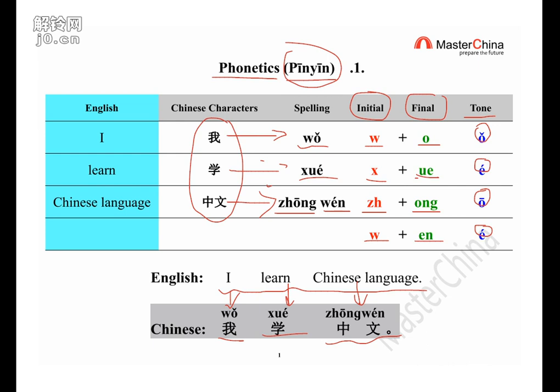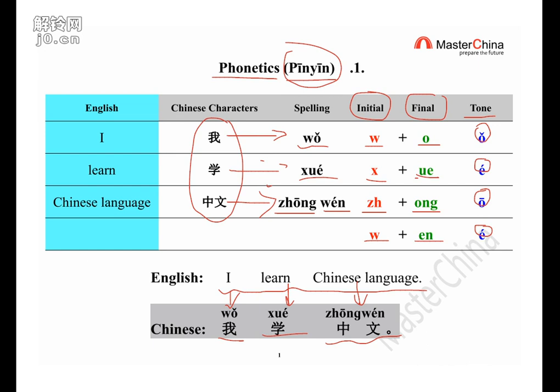I will explain all these rules step by step and figure out the logic of Chinese thinking in the sentence. With all this knowledge, you can organize the words easily yourself, and in the end, you can express your idea clearly and precisely.